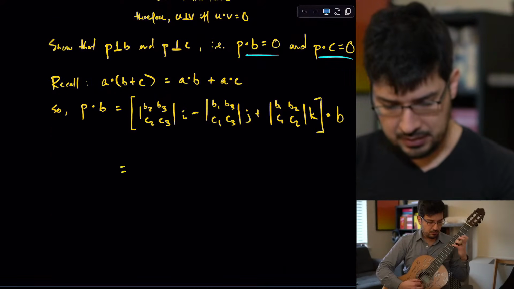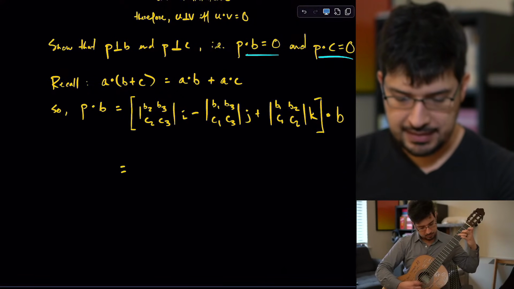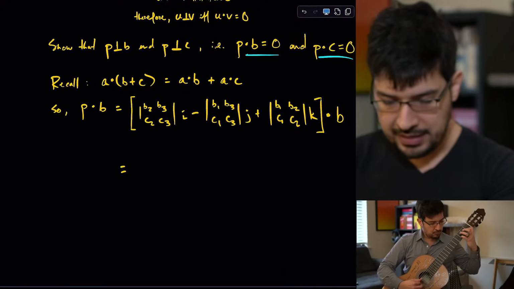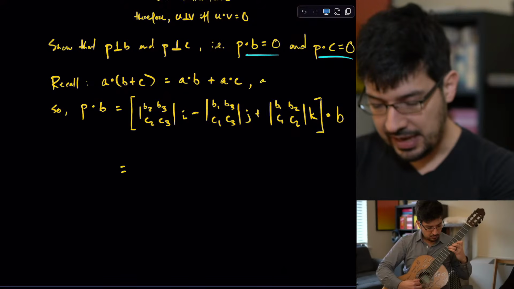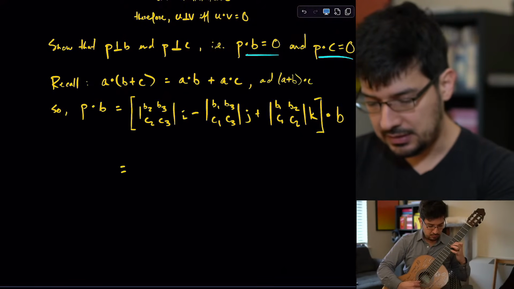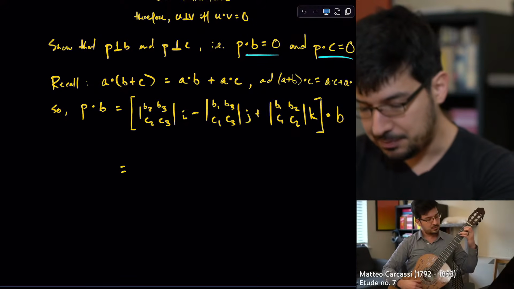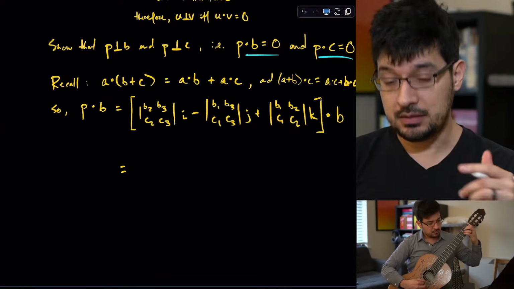Okay, and this property works both ways. So A dot (B plus C) is A dot B plus A dot C, and (A plus B) dot C is equal to A dot C plus B dot C. So the dot product has this linearity of addition.